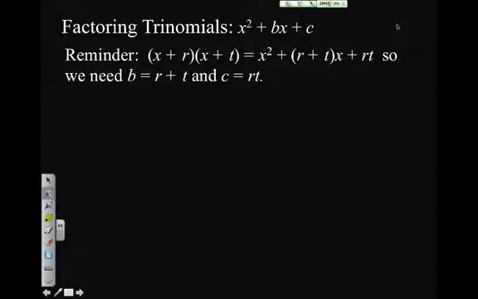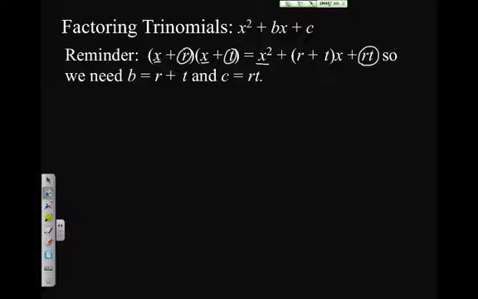Now we'll get that cleaned off. When we're factoring trinomials, we want to remember that when you multiply two binomials together that are in the form x plus r times x plus t, the way you get the x squared is you multiply x times x. The way we get the last term is we multiply r times t.